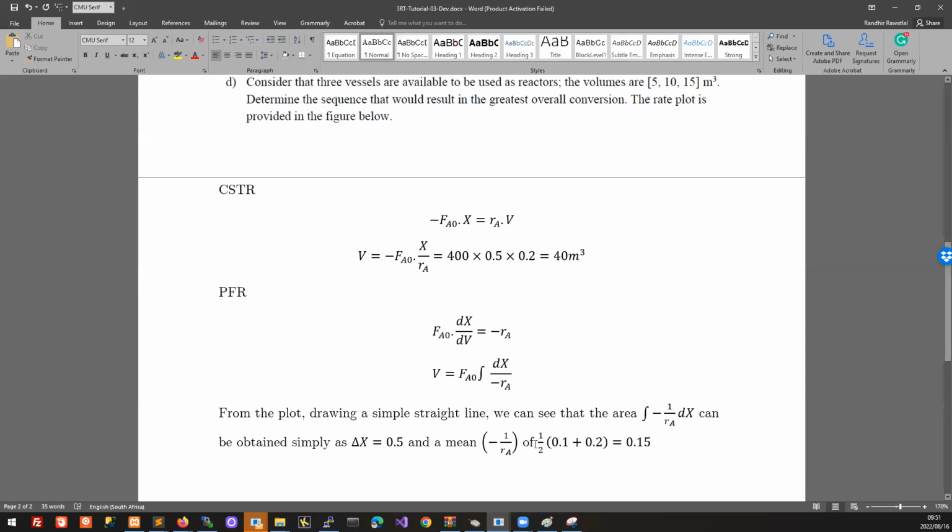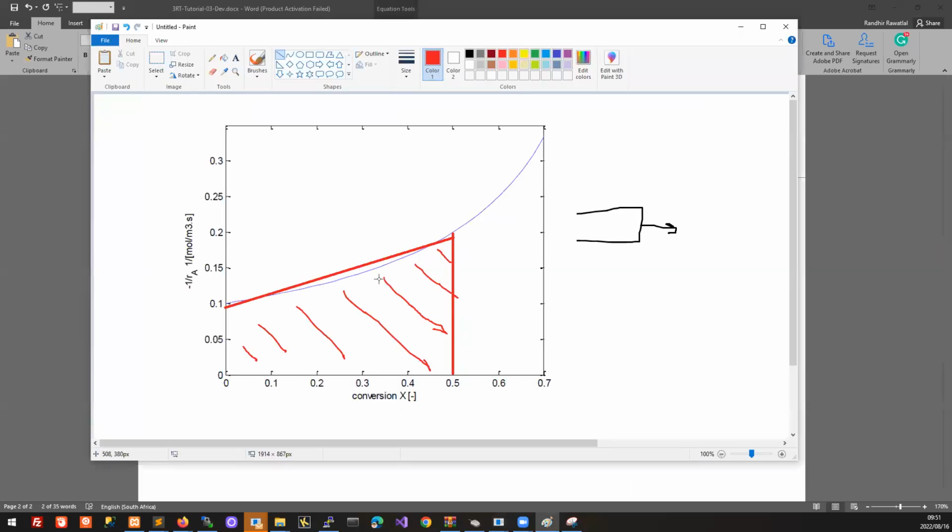So the mean height in this region is 0.15, and then the width here is 0.5.